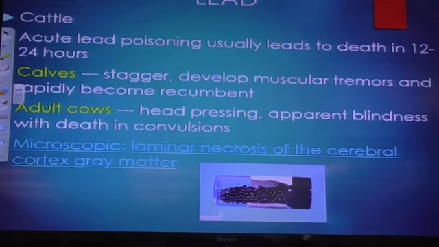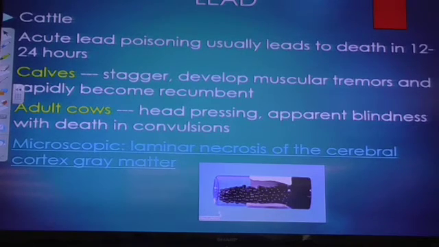What else can you get lead toxicosis from? Getting shot. Good. Okay. What else? If they're in an area with a lot of trash, old what? Batteries. So batteries that people just leave. These animals can consume some of that.